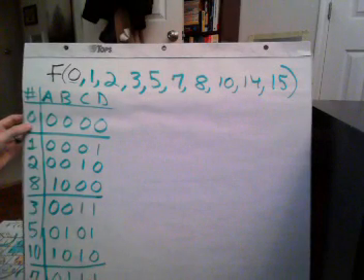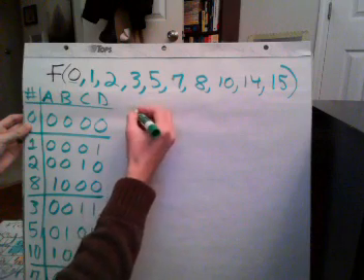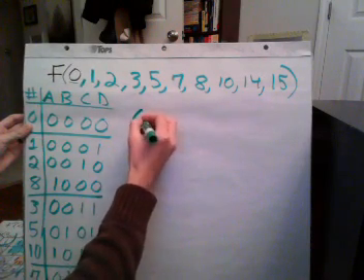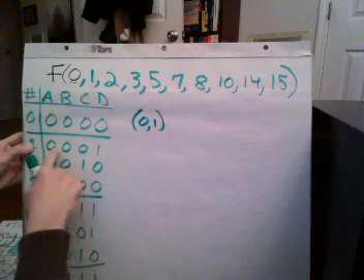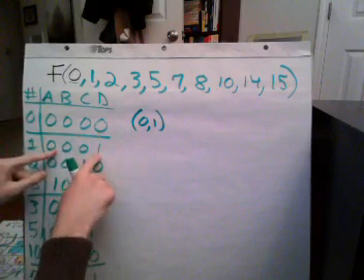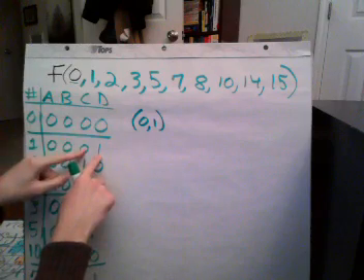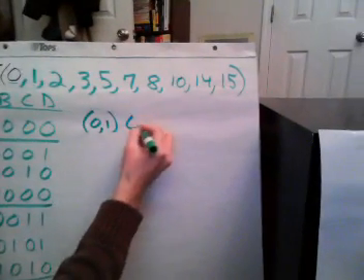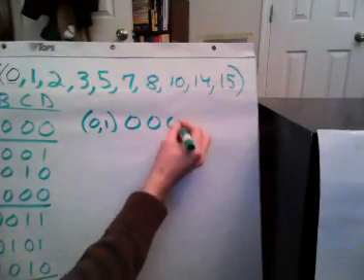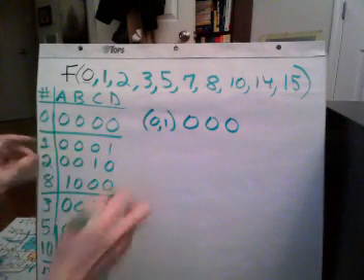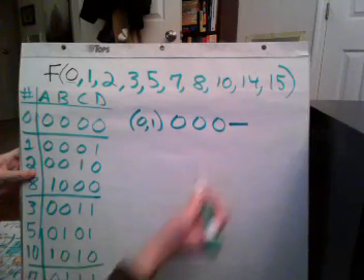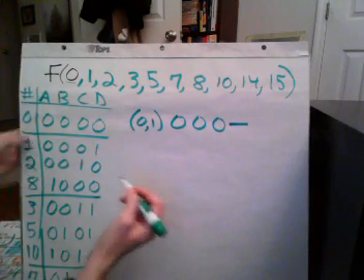The first one is going to be 0 and 1. The only difference here is the last bit, so all of these three are zeros. We write 0, 0, 0, and then for the digit that changes, I'm going to put a dash. I'm going to continue to do that.